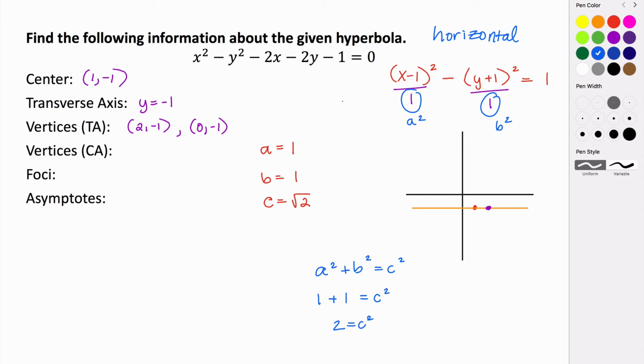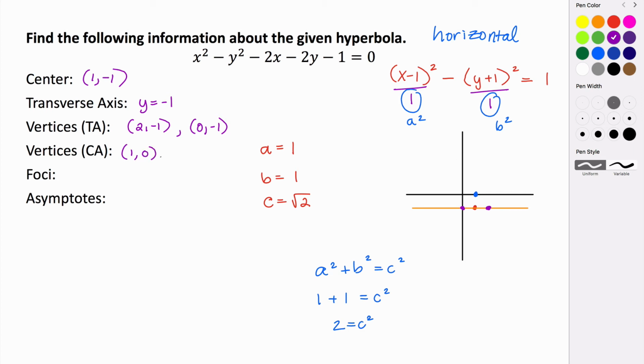For my conjugate axis vertices, I'm going to be moving up and down 1 unit from my center. So from my center, I'm going to be moving up 1 unit. That's a change vertically in the y, so you're just adding 1 to the y coordinate. The x coordinate stays the same, so it's 1, and then the y coordinate increases by 1.